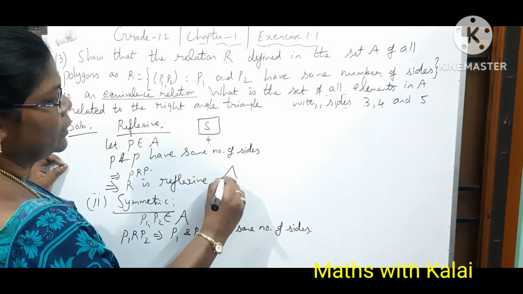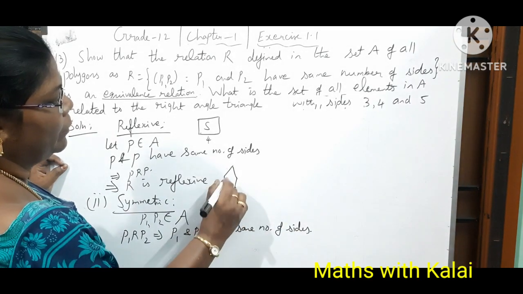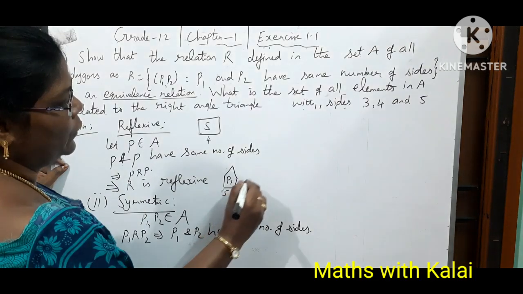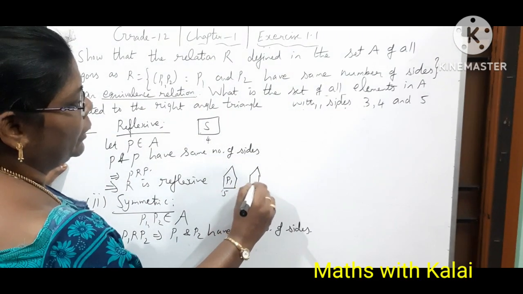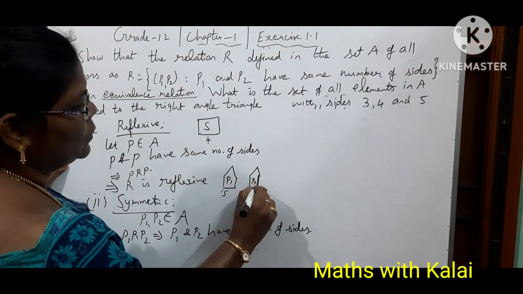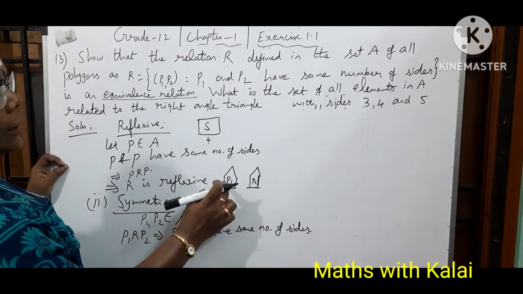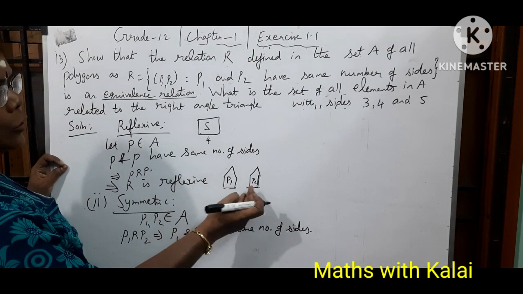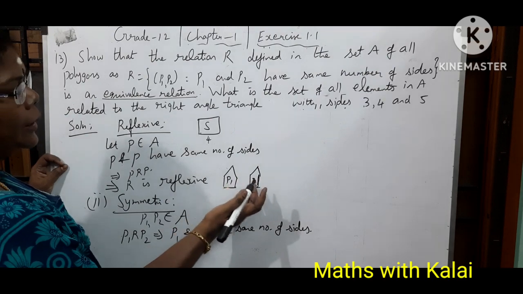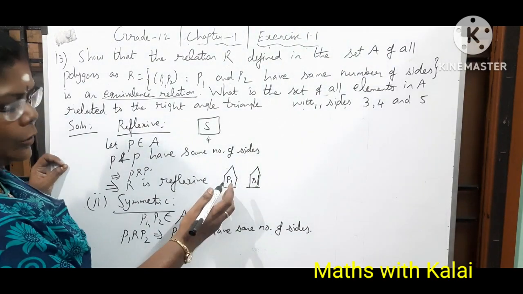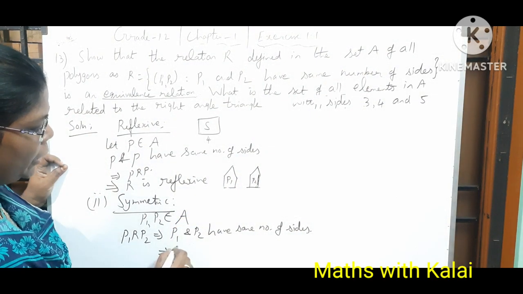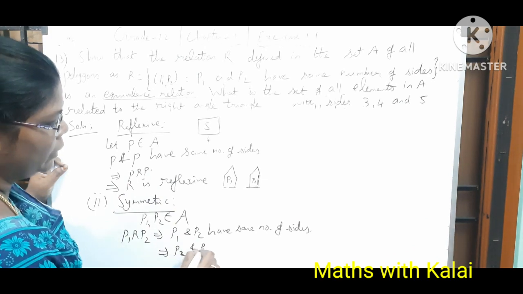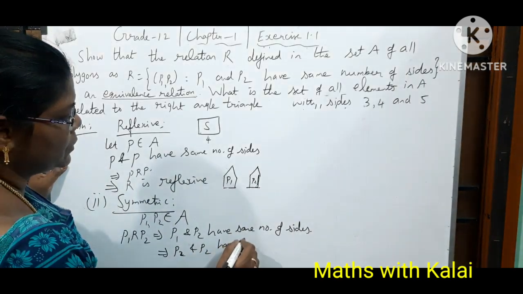For example, this is my pentagon, one pentagon I am considering as P1. It has totally 5 sides. Another pentagon I am considering is P2, which also has 5 sides. If P1 is related to P2, it means both have 5 sides. So if this is related to this, this also will be related to this, which implies I can now write P2 and P1 have the same number of sides.